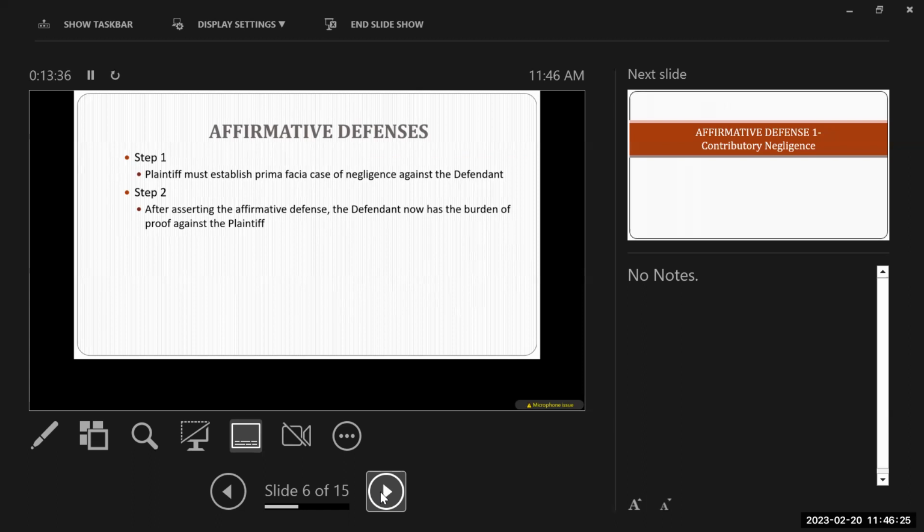Step two, the defendant asserts an affirmative defense, and because it's an affirmative defense, the defendant now has the burden to establish it. Got it? Plaintiff can establish a prima facie case against defendant. Defendant, if they can establish all the elements in their affirmative defense, then even though plaintiff established a prima facie case, defendant doesn't have to pay.